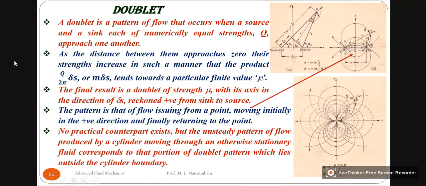So the source and the sink are approaching each other in such a way that the product of m and the distance between them is maintained constant, and its value is designated as mu. So the final result is a doublet of strength mu with its axis in the direction of delta s, reckoned positive from sink to source.